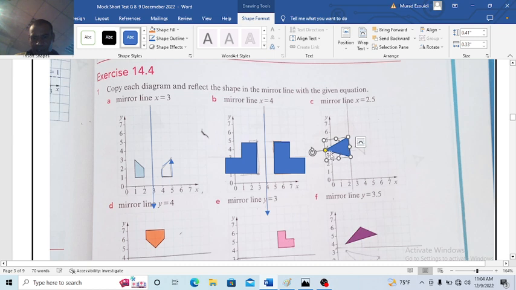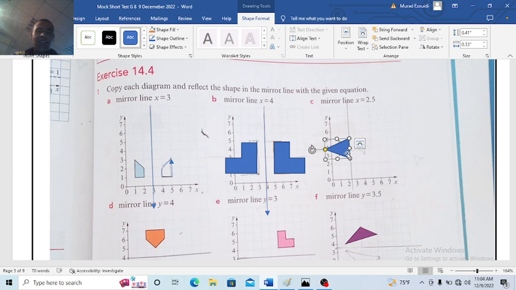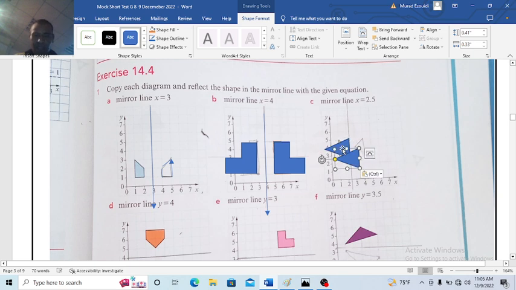To reflect the shape, my kids, you should make sure that the points, or the vertices of this triangle, we have two vertices, are lying on the mirror line, so no need to find their image because their image should be on the same vertices of the first triangle. So I will make a copy, then copy and paste.